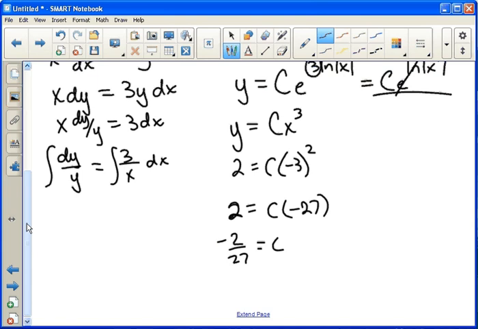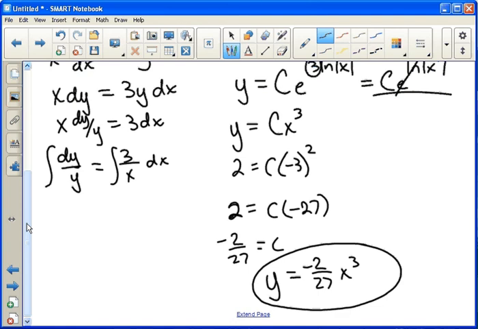So this is our particular solution. So I know that was a lot of work, but we'd done the Leibniz, separate, integrate, simplify part before. The only new part was really just from here down. So the only thing you have to do differently with particular solutions is plug in your numbers, solve for c, and then rewrite the equation with that c value.